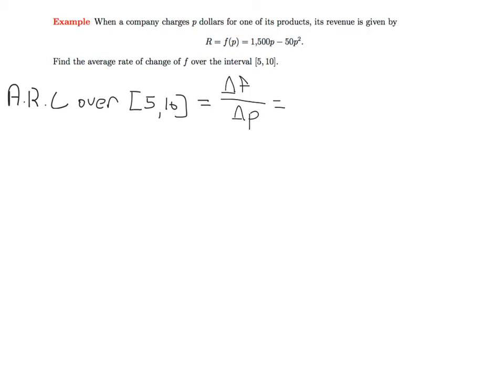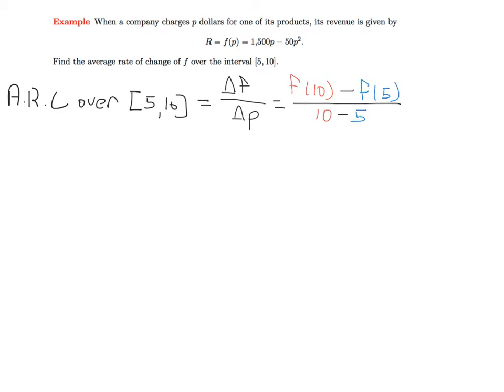So since my endpoint here is 10, that means I'm going to calculate the revenue at a price of $10 and then subtract from that the value of the output at the start of my interval when the price is $5, and then divide all of this by the total change in price, namely 10 minus 5.